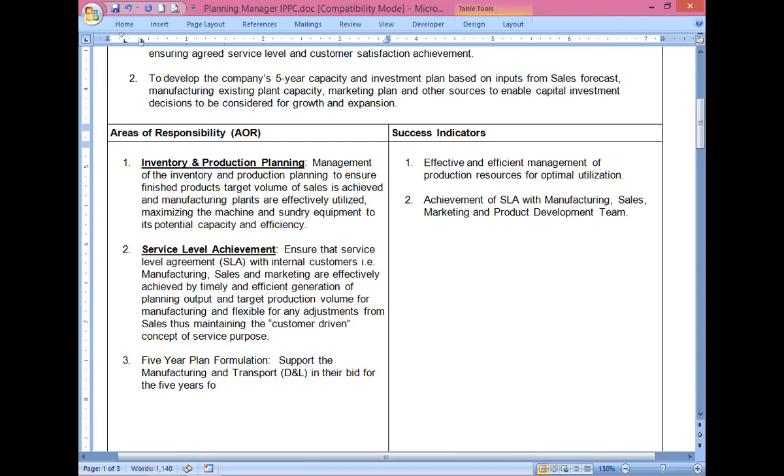Okay, forecast achievement of what? Of capacity, right? So when you talk about manufacturing and transport, that would be capacity of production lines and capacity of transport vehicle, the articulated vehicle, the truck and trailers, the reefer van, usually capacity of 25 tons.